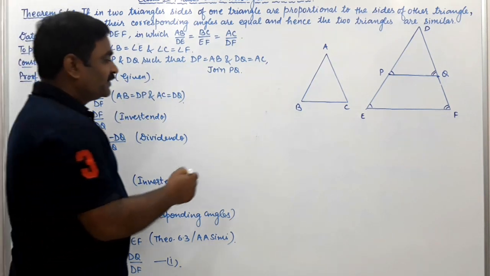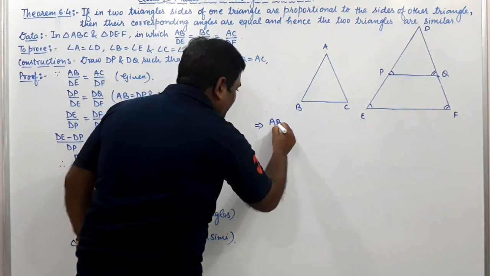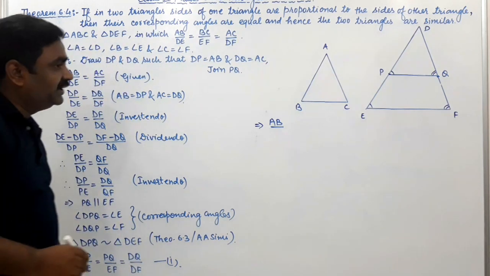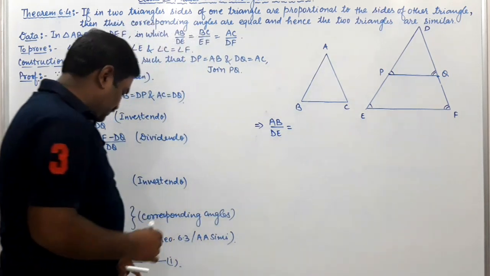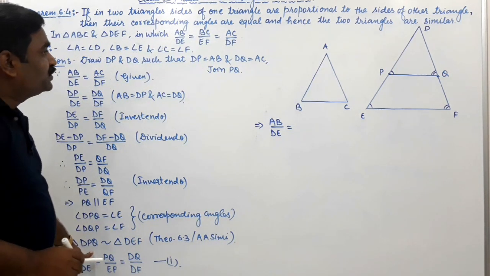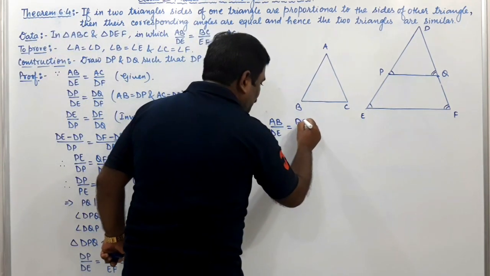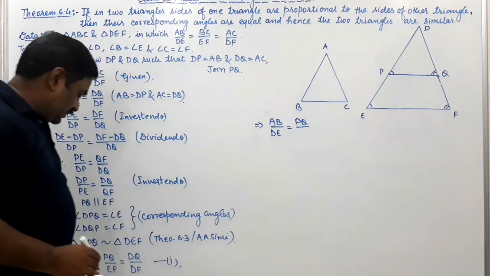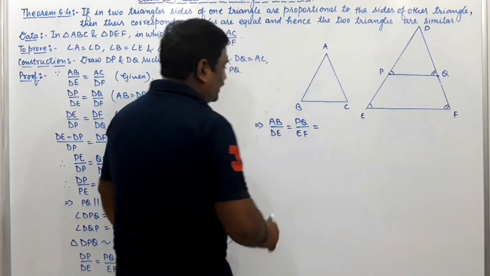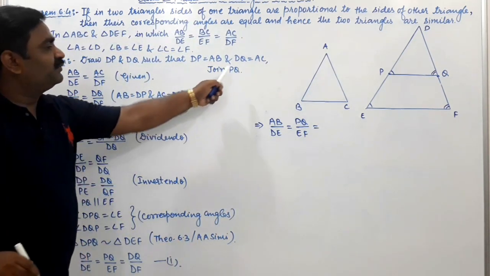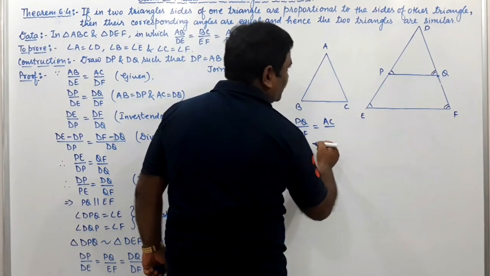So this can be written as AB upon DE equals PQ upon EF, and in place of DQ we can write AC upon DF.